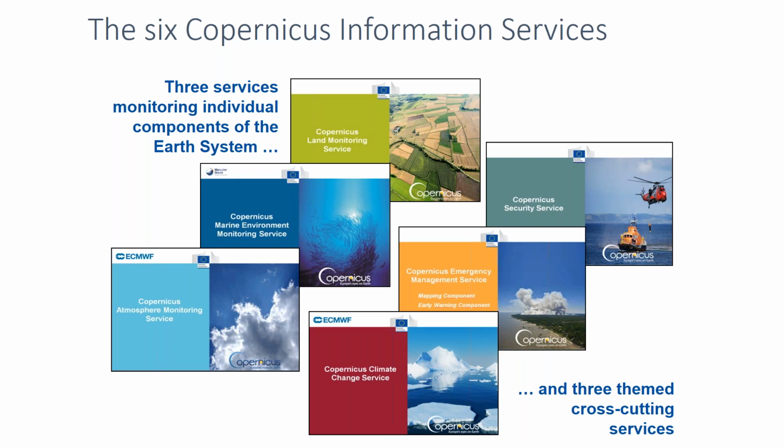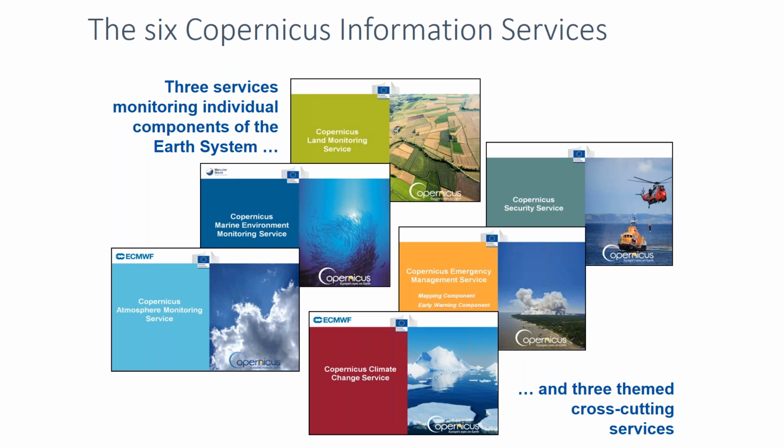Some of the other ones had a legacy in other activities or research projects, for example, the Atmosphere Monitoring Service, which is about essentially constituents and air quality, had a history in the MACC projects and before that GEMS. So they had basically a 10-year startup in research, but climate change services really was a brand new thing in 2014.